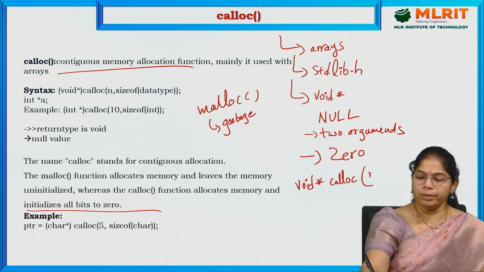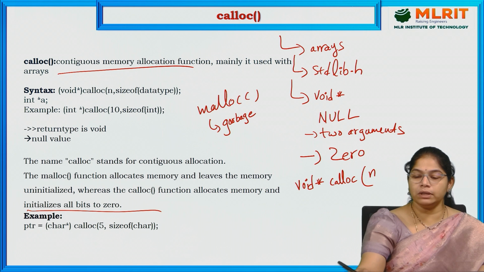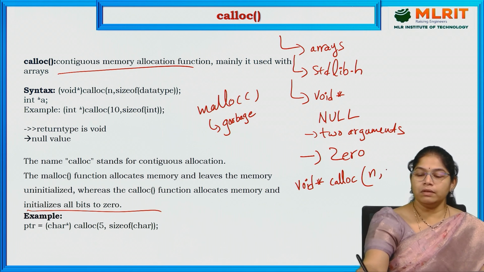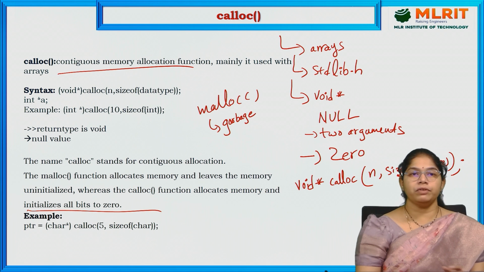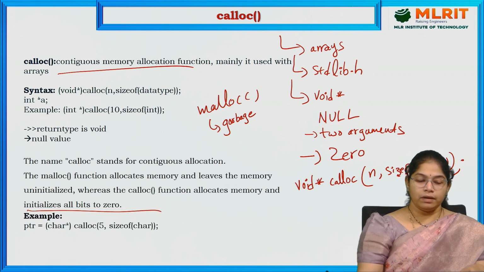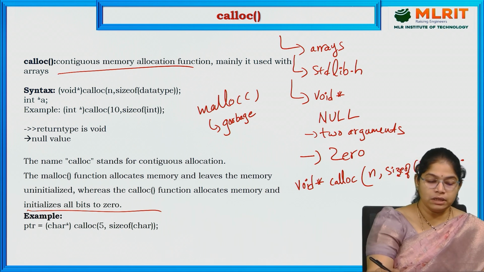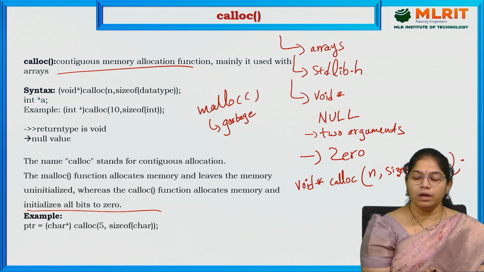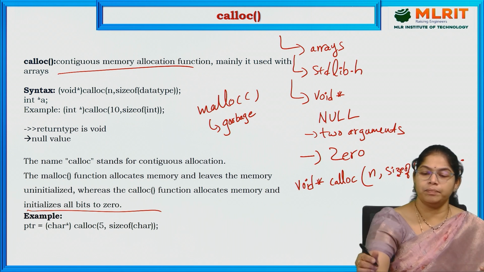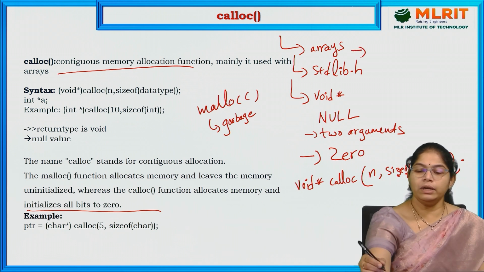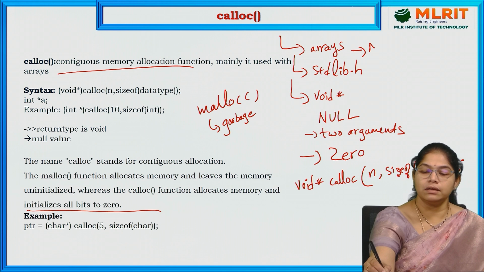That means how many blocks you want to allocate, comma, which type of data you are storing, the size of the data type. Based on that, we have to use the sizeof operator, then the data type. And one more thing, the memory is allocated as multiple blocks.